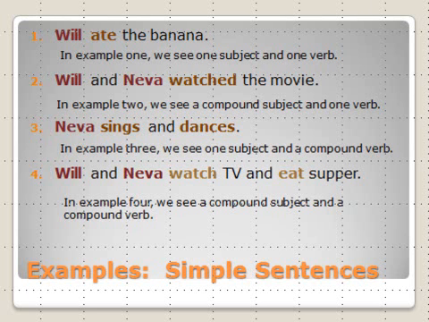And in the last sentence, we have Will and Neva watch TV and eat supper. We have multiple subjects and multiple verbs, but we don't have two sets. We have one set of subjects, that's Will and Neva, and one set of verbs, watch and eat.